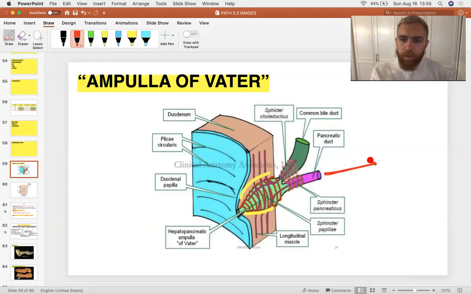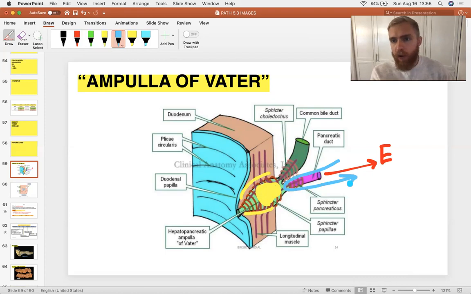So if backflow of pancreatic enzymes, like trypsin for example, is what causes pancreatitis, then it's really simple to see, looking at this anatomical cartoon, that any obstruction within the ampulla of Vater is going to instigate that backflow of pancreatic enzymes, because they simply have nowhere else to go other than back to where they came from.